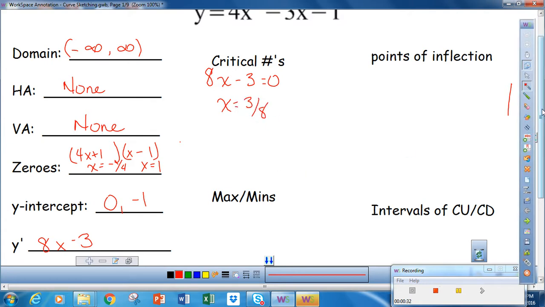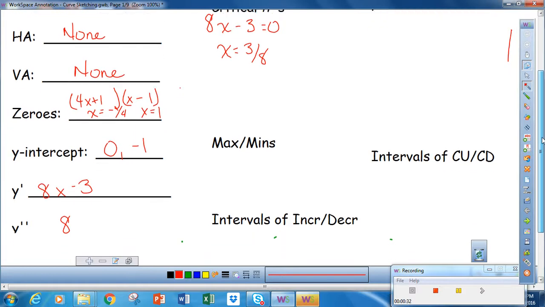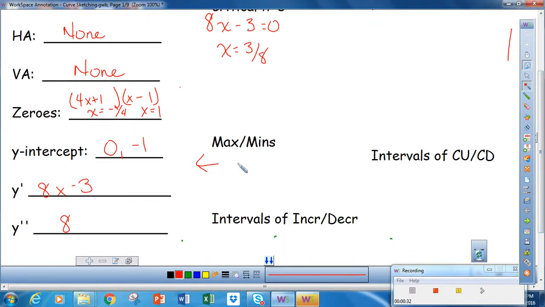Now, we want to know if this is a max or a min. To determine that, we do a sign chart. We take a number slightly smaller than 3/8, which we could say 0, and put it into the derivative, and if we put 0 in for x, we get a negative.